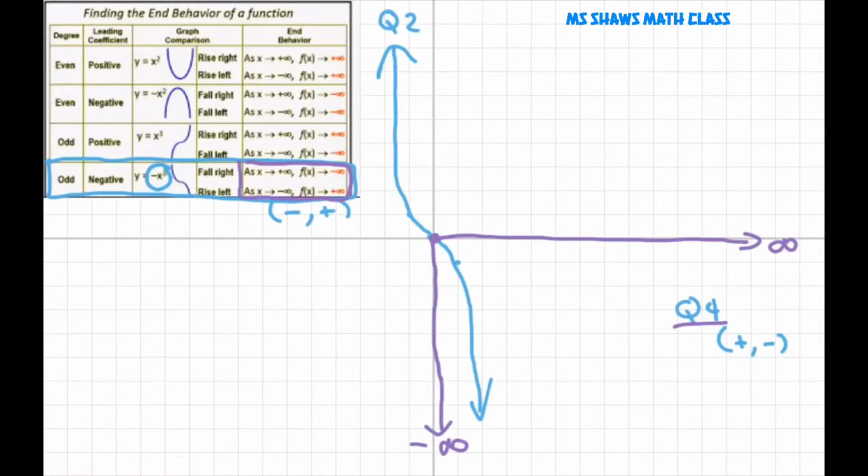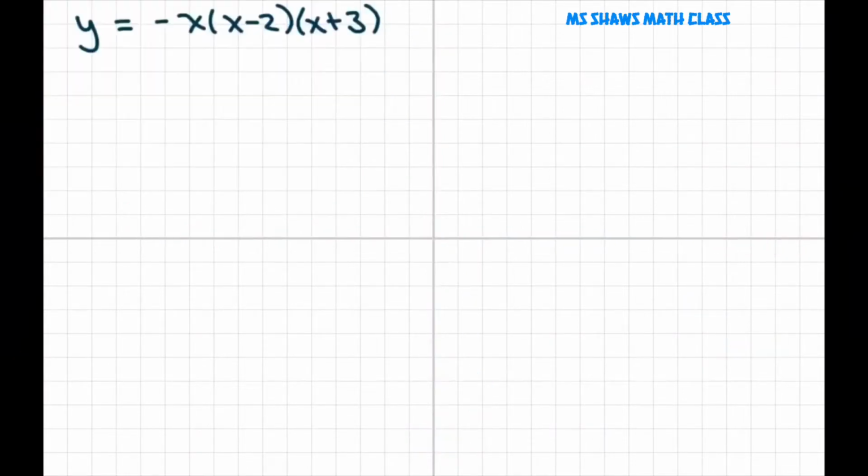And as our x gets smaller and smaller from 0, our y gets larger and larger from 0. That puts us in quadrant 2. So we're basically graphing from quadrant 2 to quadrant 4. So we're starting here and ending here.